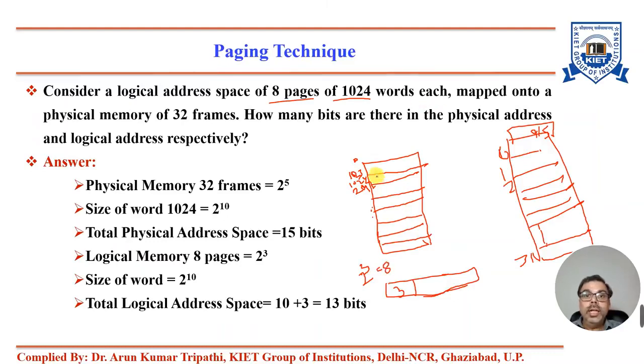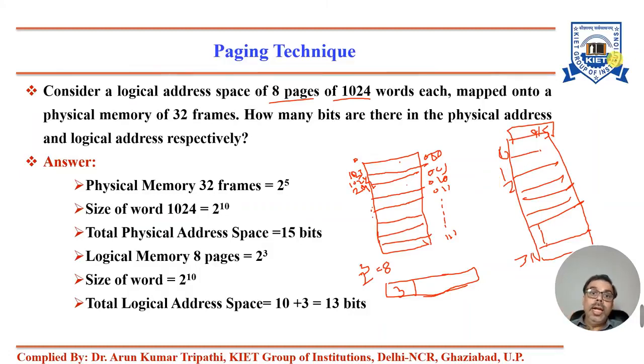That means the pages will be represented as 000, 001, 010, 011 and so on, and the last one is 111. So to represent the 8 pages, we require 3 bits.